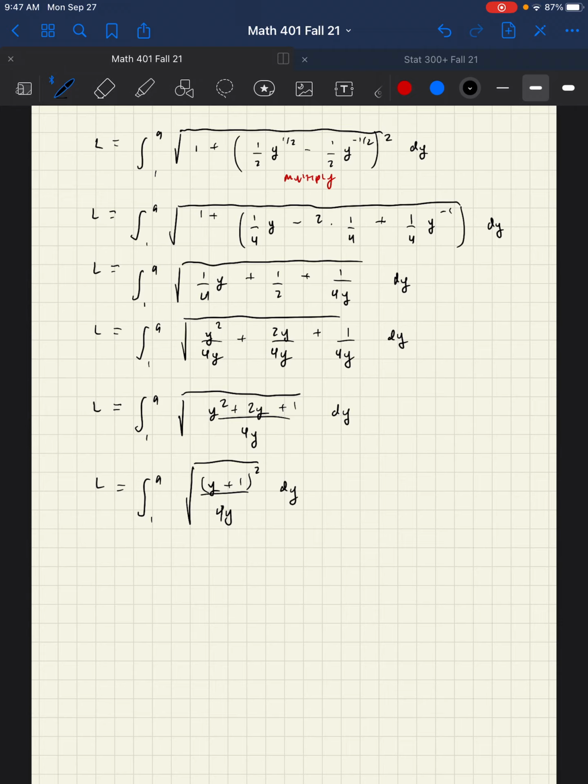Okay, it's working out nicely. This is a lot nicer than what we had before. So everything is positive here because we're working for y values from 1 to 9. So I can just pull that out as a y plus 1 in the numerator. y plus 1 times the square root of 1 over 4y dy.